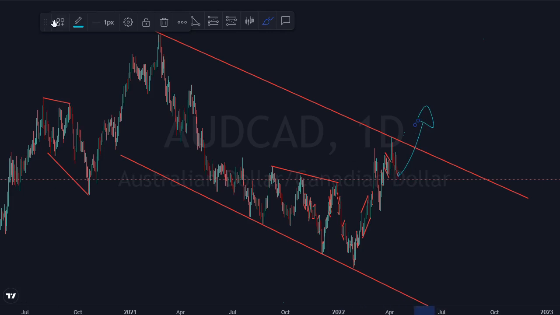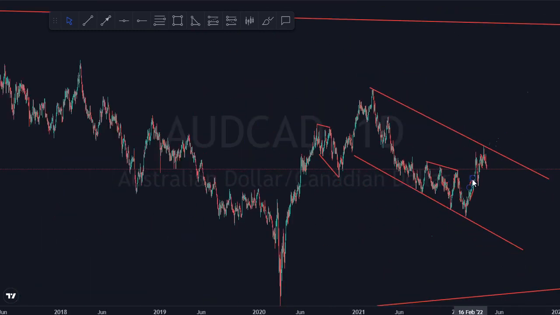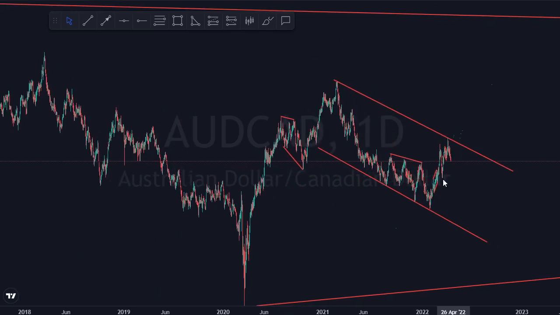But at the moment, guys, remember I said look for what is currently most likely to happen at that time. So let me just get rid of this and then I'll zoom out and explain something quickly. So this is a descending type pattern, guys, which is a reversal pattern.